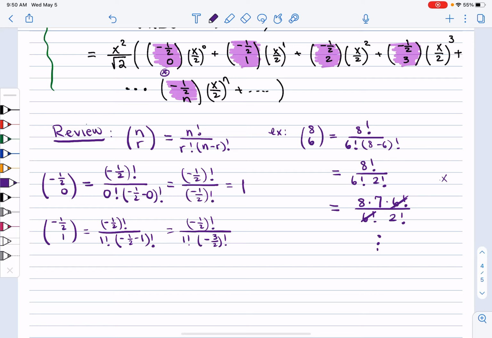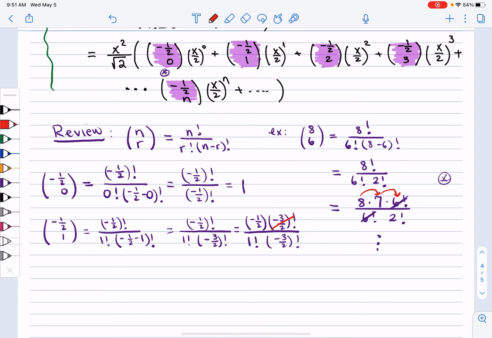And then remember, we can simplify a couple of things. The numerator, negative 1/2 factorial, is equal to negative 1/2 times negative 3/2 factorial. Why? Because what we're doing is we're going from n to n minus 1 to n minus 2. And then we're going to have 1 factorial times negative 3/2 factorial.